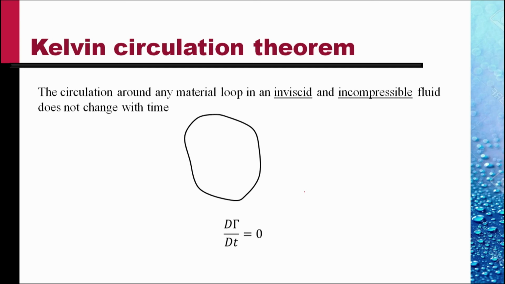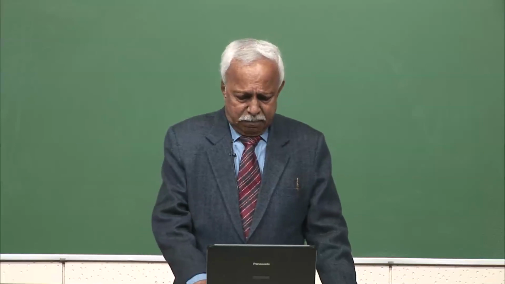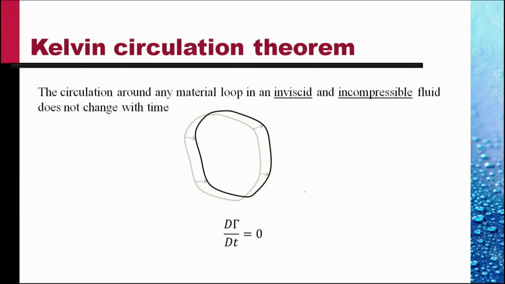Consider this circuit as a material loop. This is the position at a given time t. At a time t plus delta t, the same particles occupy this new location. These are the same material particles, so we say the circuit is a material circuit.